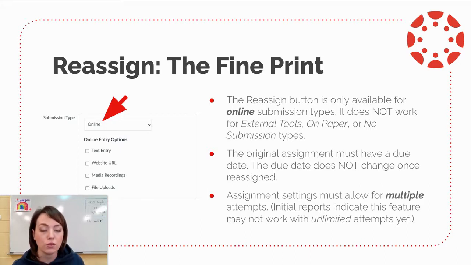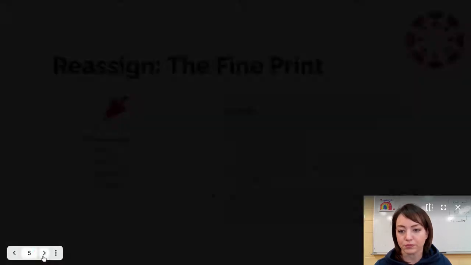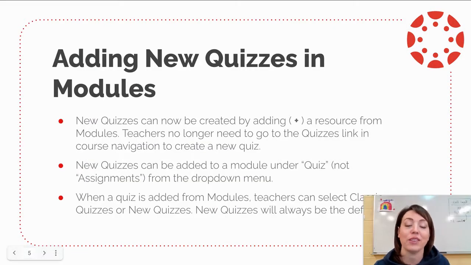So if you do typically have unlimited attempts and you want to have the ability for this new reassign button, just switch to multiple attempts and set it to some kind of large number, like give them 10 attempts or something to make sure that they essentially still have unlimited attempts, but that you will have the option to use that reassign button.